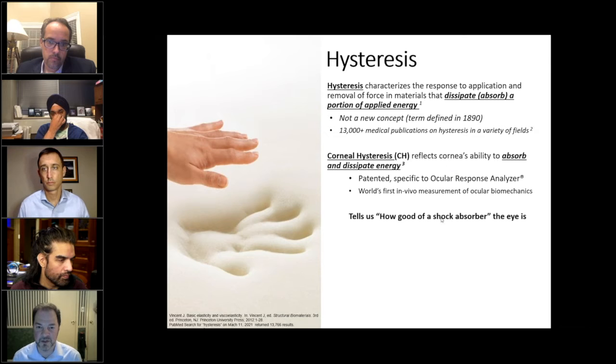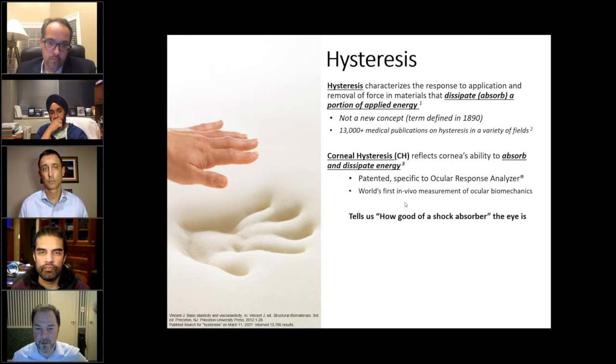Corneal hysteresis specifically reflects the ability of the cornea to absorb and dissipate energy. It's patented, it's specific to the Ocular Response Analyzer, and is the world's first in vivo measurement of ocular biomechanics. People talked about biomechanics of the eye from a scientific point of view for many years, but until there was an instrument to measure something related to ocular biomechanics, we couldn't really do anything about it.